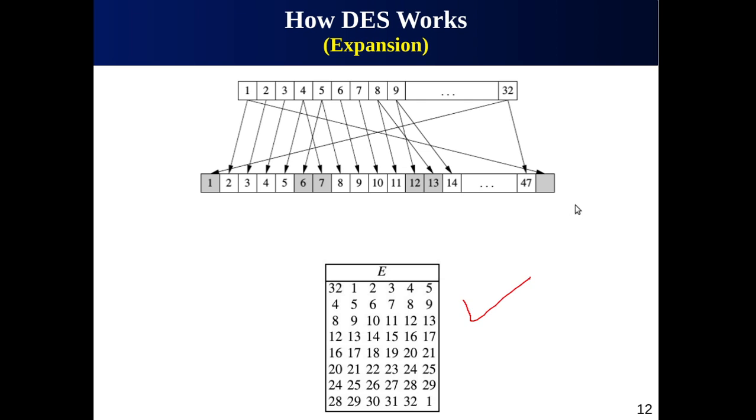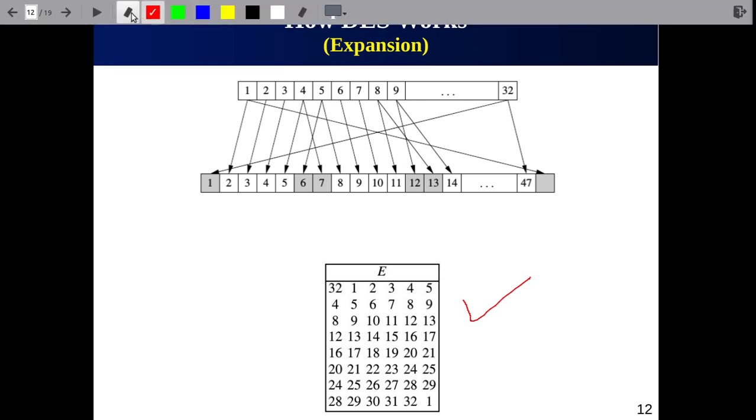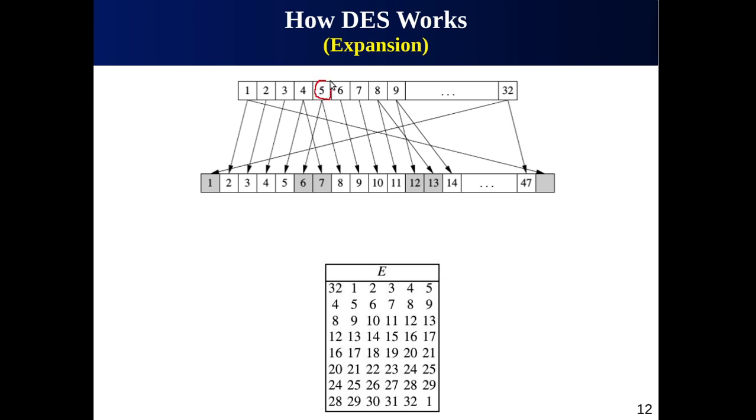For example, the value of the input bit 5 becomes the value of the output at bit number 6 and also at bit number 8. So it takes 2 locations in the output. So the expansion box increases the diffusion behavior of DES. Why? Because certain input bits influence 2 different output locations.